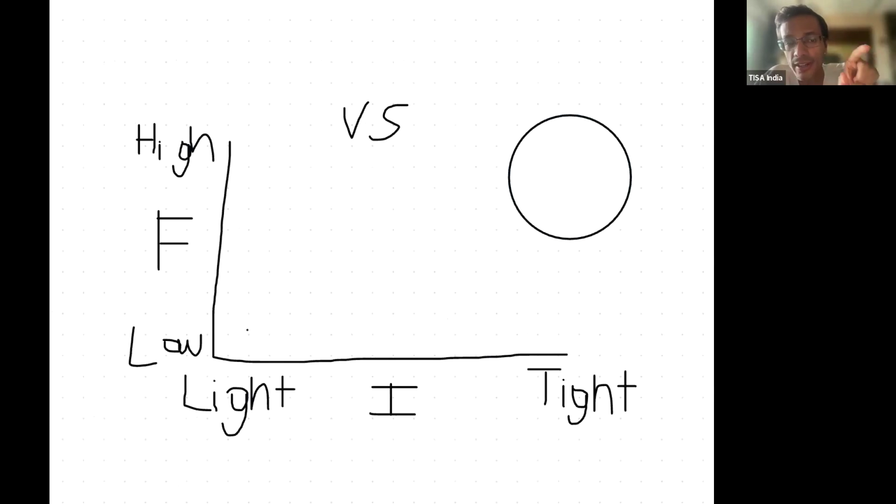So basically high frequency means stammering on every word. And when we say tight, the x-axis is intensity.